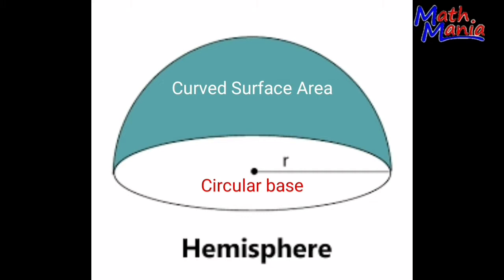The curved surface area of a hemisphere is half the surface of the sphere. As you know, the surface area of a sphere is 4 pi r square. So the curved surface area of the hemisphere will be half of that, which is 2 pi r square.